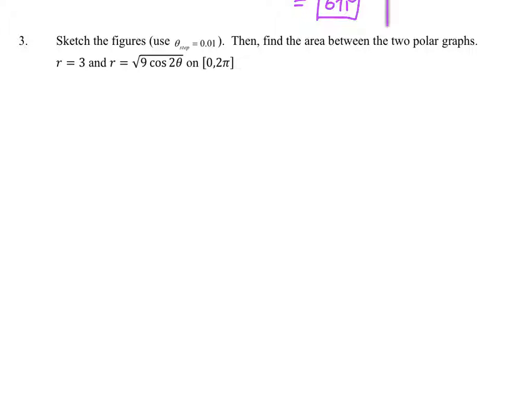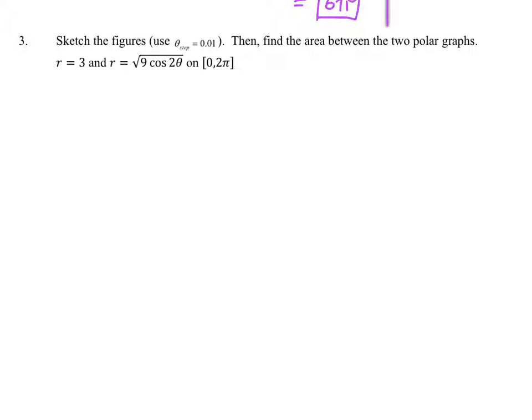The domain is given, so that's good. So I'm going to type in the equation. I'll type them both in. So r equals 3. r equals the square root of 9 cosine 2 theta. And this is happening over the interval of 0 to 2 pi.